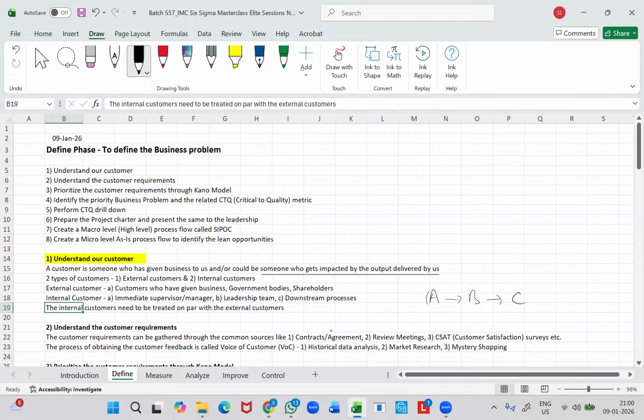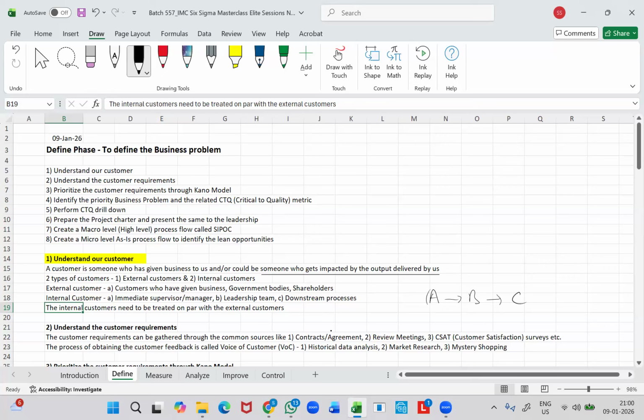That is why in a Six Sigma project, we need to come up with a one-slider with regard to the stakeholders who are concerned with our project exercise. Obviously, the customer who has given business to us will definitely be concerned with the output of our project exercise.